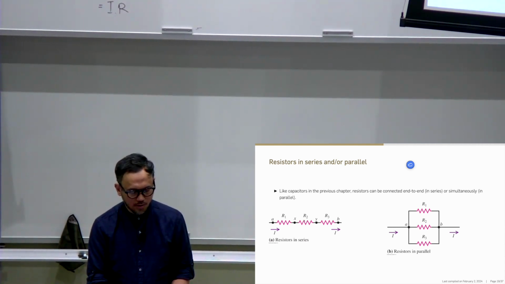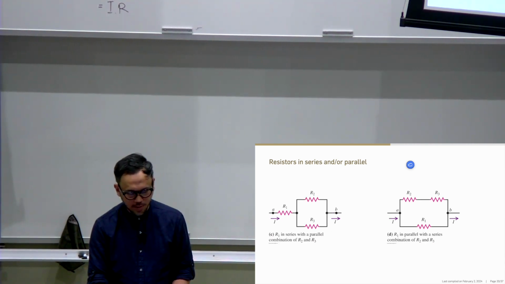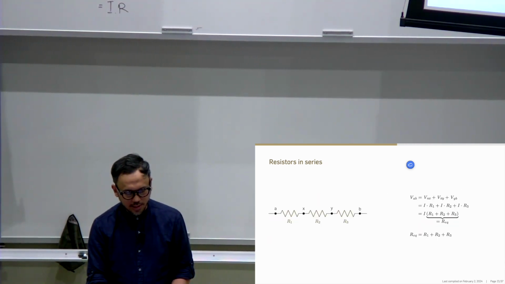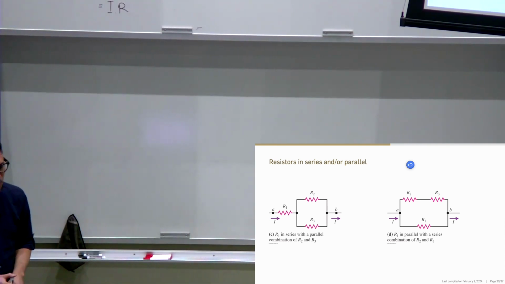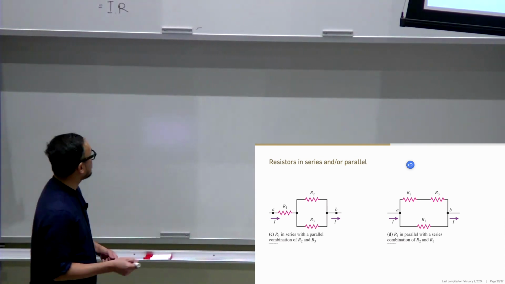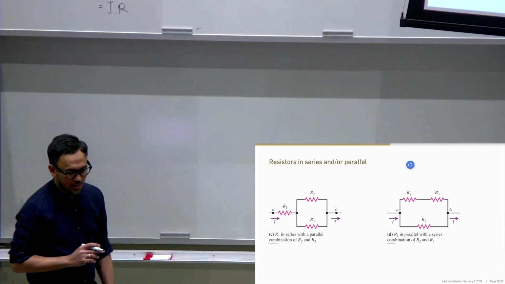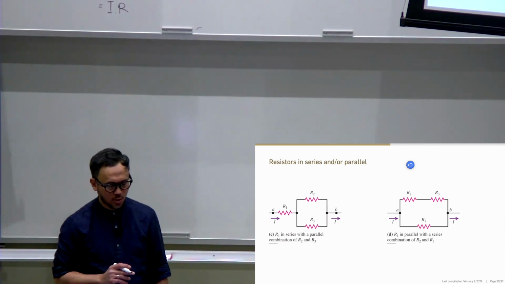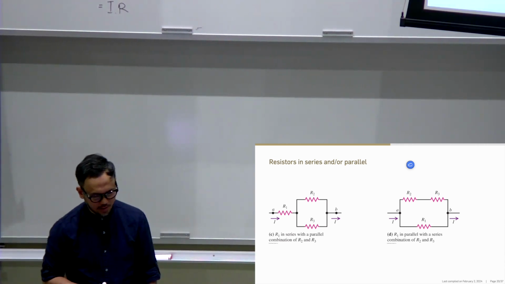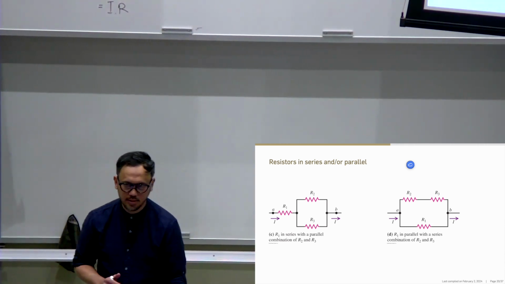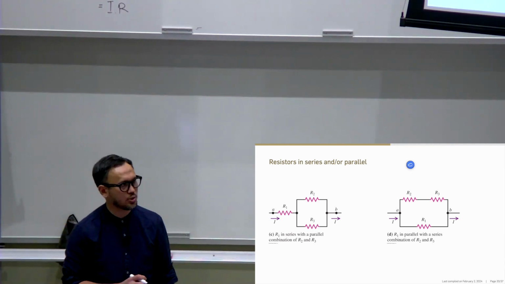So the arrangement on the left is in series, the arrangement on the right is parallel. What we will learn also is to solve the currents, for example, or voltage drop of a complex arrangement. And there will be tricks for that. The name of the section is Kirchhoff's law.